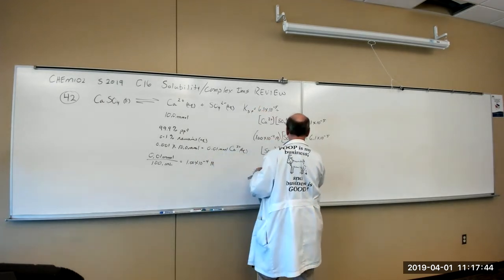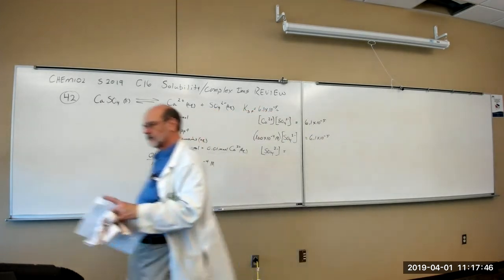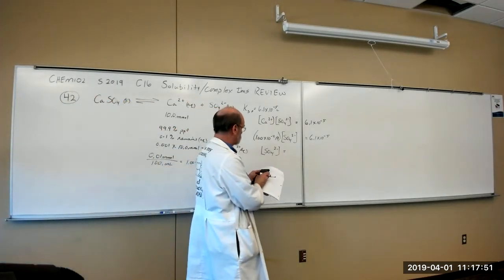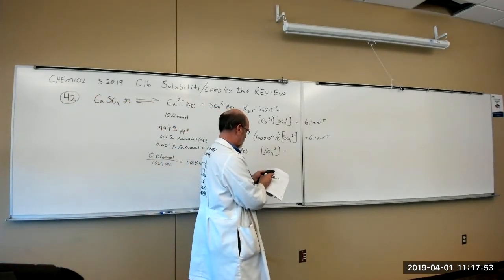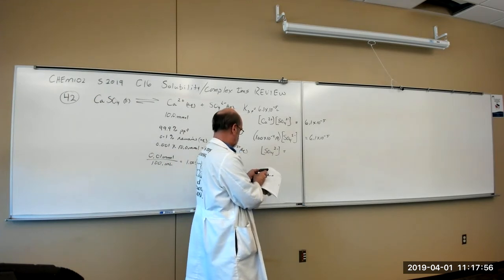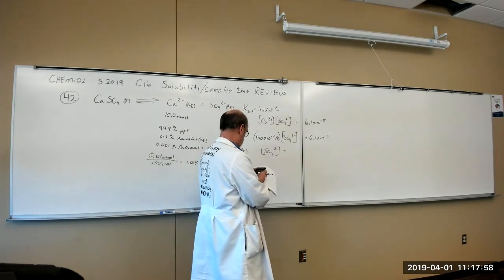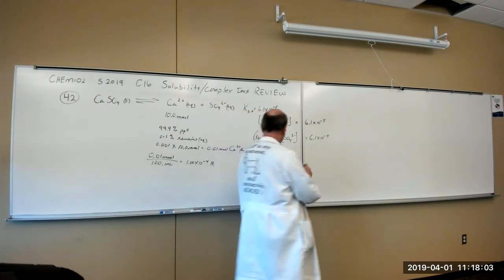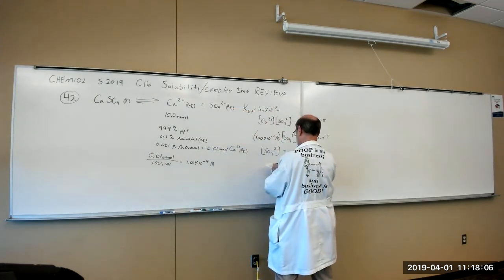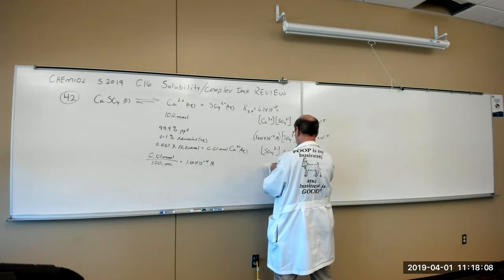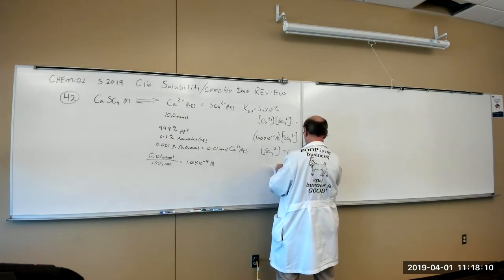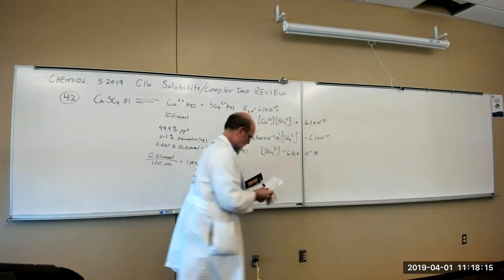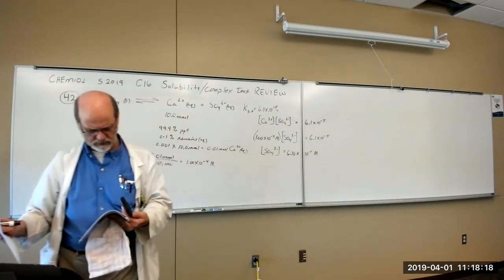This will give us the sulfate concentration, which is 6.1 times 10 to the minus 5 divided by 10 to the minus 4. So this is 6.10 times 10 to the minus 1 molar. And then what was the question? 42.